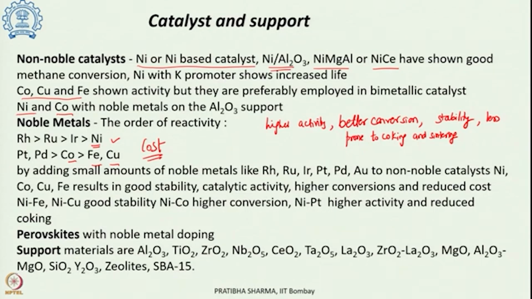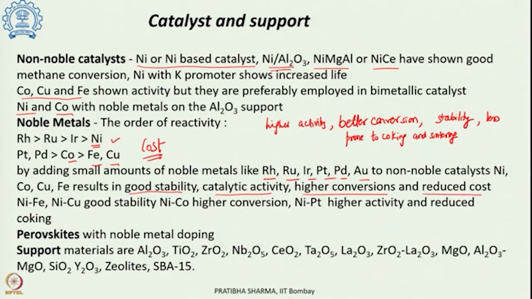To address these issues and get all of these simultaneously and cost effectively, a small amount of noble metal like rhodium, ruthenium, iridium, platinum, palladium or gold can be added to a non-noble metal catalyst like nickel, cobalt, copper, iron, and that can provide together stability, catalytic activity, and higher conversion at a reduced cost.